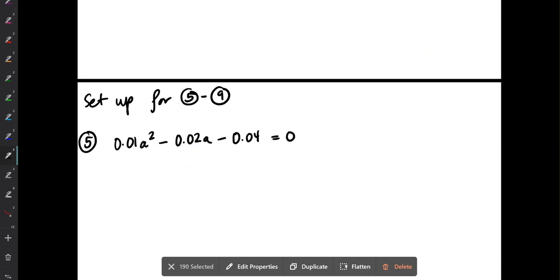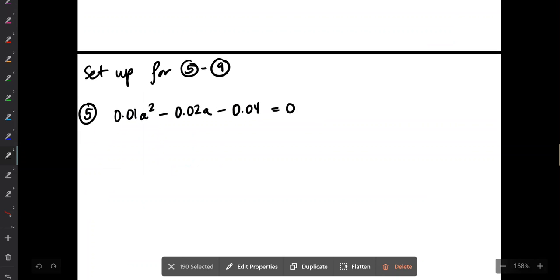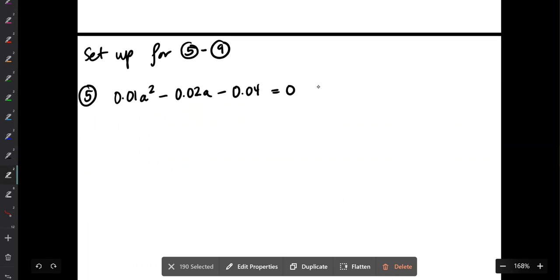All right, so here I have number 5 written down. It's totally optional, but I think replacing those a's with x's, especially if you end up using the quadratic equation to solve this, is beneficial.